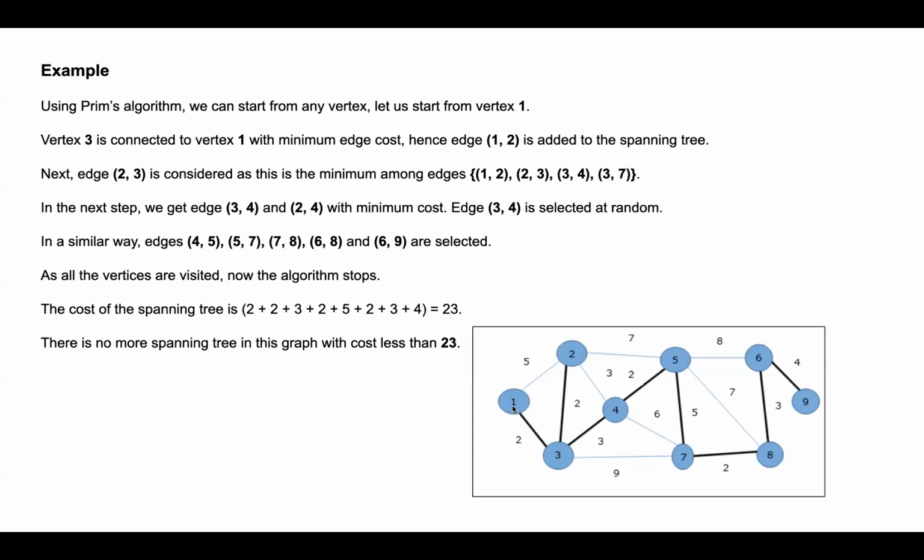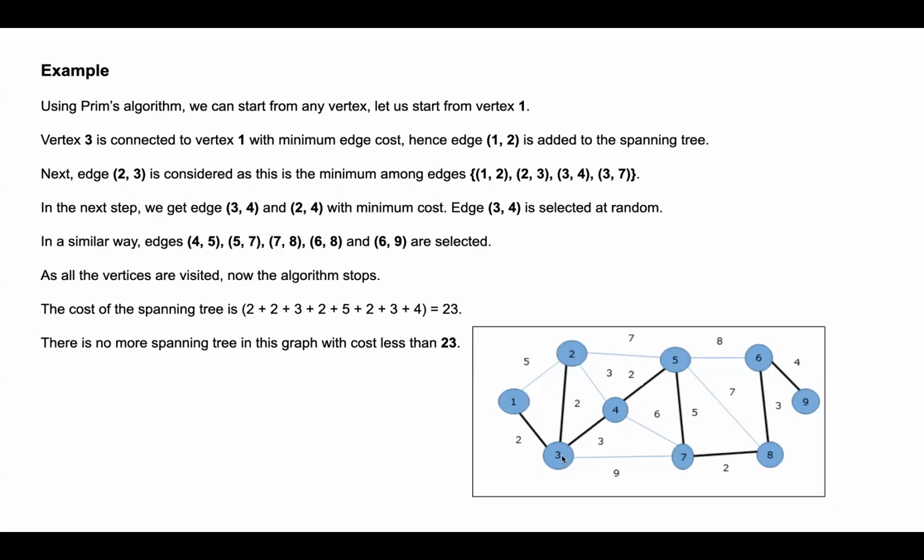So 1, 3 is the edge which is added in the spanning tree. Next, edge 2, 3 is considered as this is the minimum among the edges.